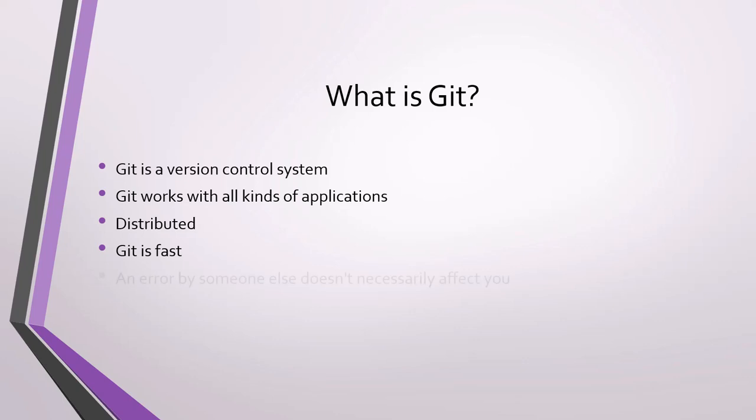Another consequence is that if, for some reason, someone accidentally introduces errors into the code on the central server, this does not have to affect your local repository. So even if the code on the central server has errors, this does not have to interrupt your work. We will talk more about what a repository is in the future. For now, we can continue.